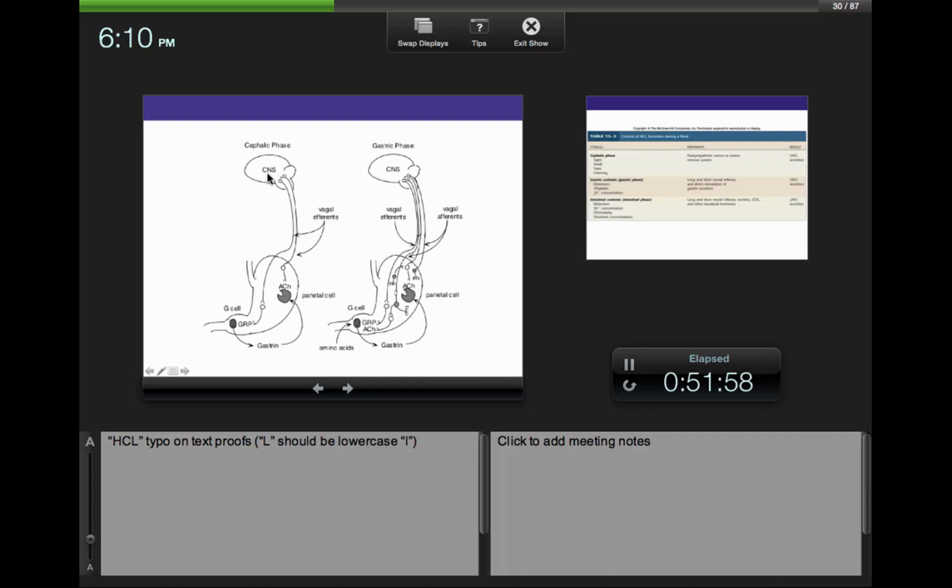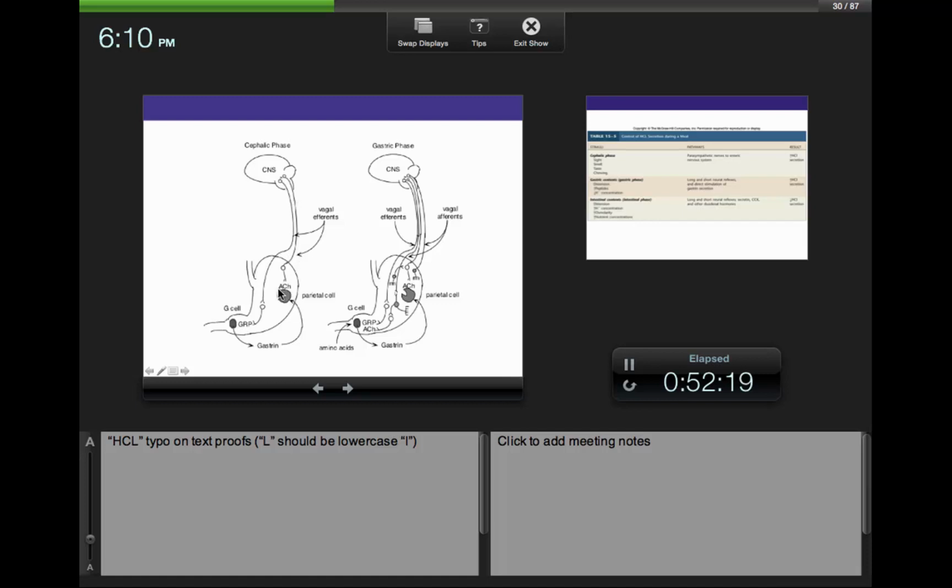In the cephalic phase, you haven't eaten anything yet, nothing. But your brain can smell stuff. Your brain can see stuff that's on the stove. So it's all mediated through these vagal efferents. It's all coming from the brain.